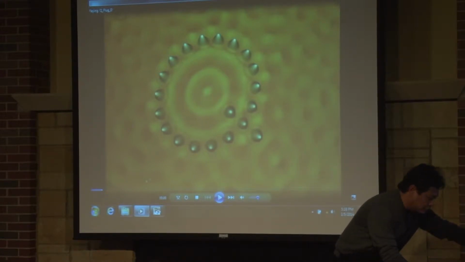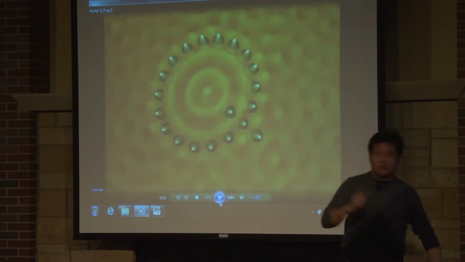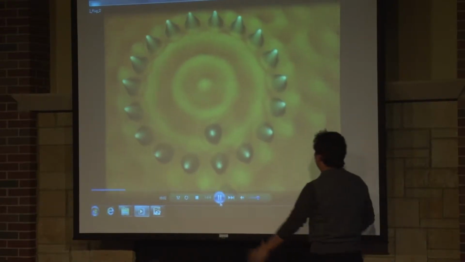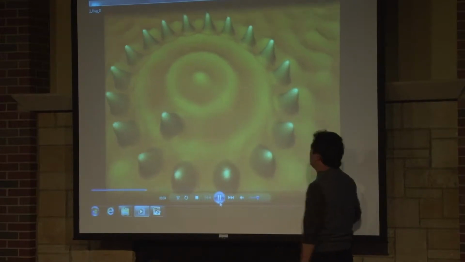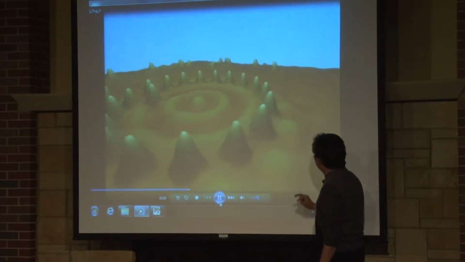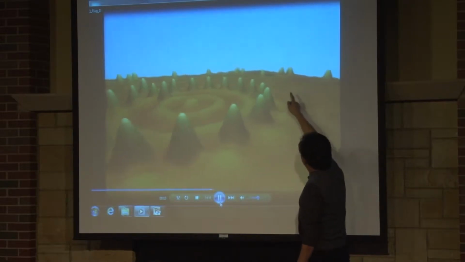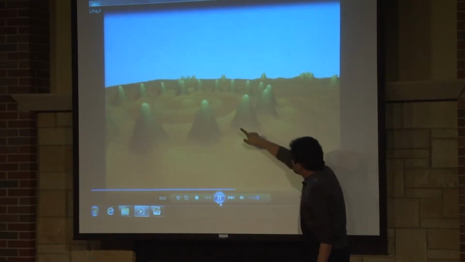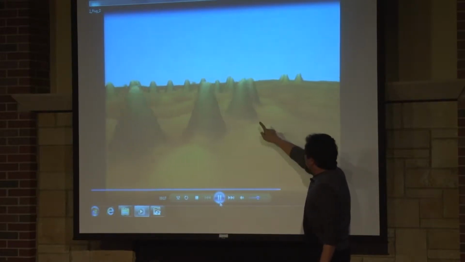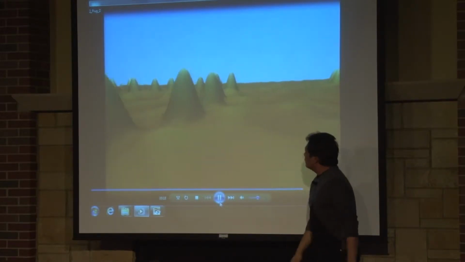This is the real image. It's not fake, it's not a drawing. Now you see those are the atoms, and these are the electron waves. You can see the waves very clearly, and this is how electrons look.